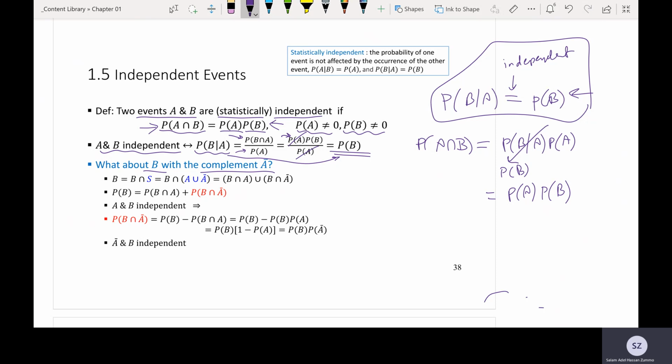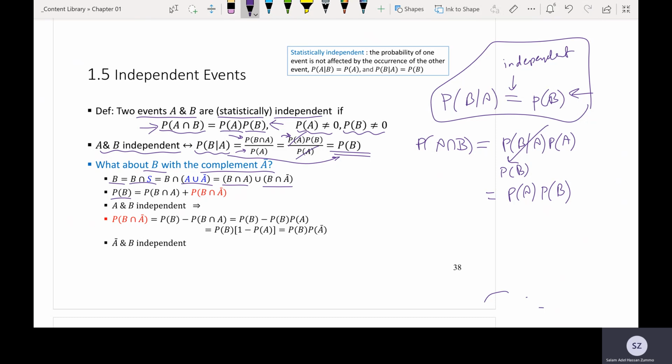So of course, this is the mathematical derivation. B equals B intersect S. However, S is A union A complement. Because of that, we can distribute the intersection over A and A complement. Now the probability of B: notice this is B intersect A, and this is B intersect A complement.